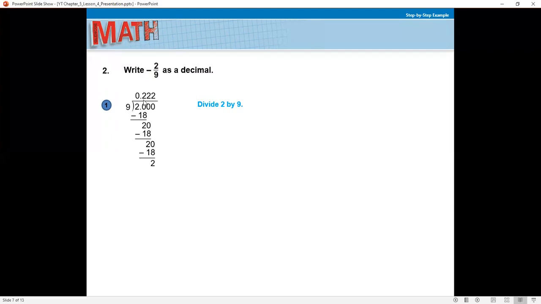It's repeating, okay? That's a repeating decimal. The remainder will never be 0. So -2/9 equals -0.2 with a bar notation over the 2, saying that that 2 repeats itself.